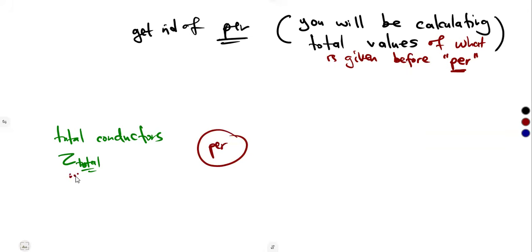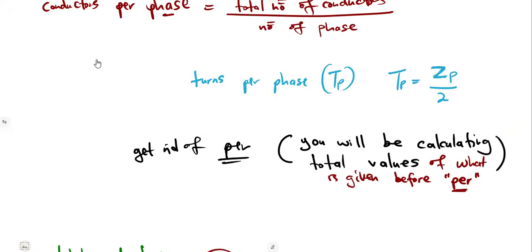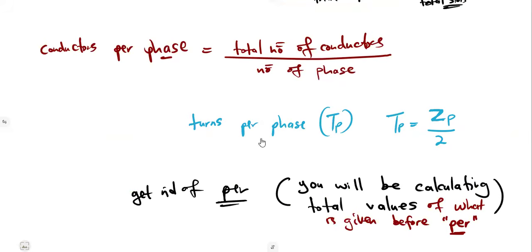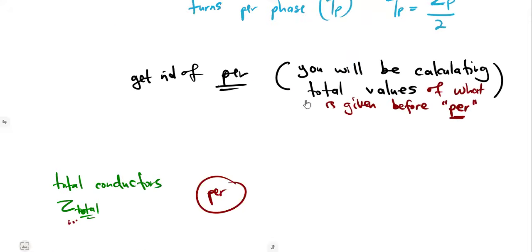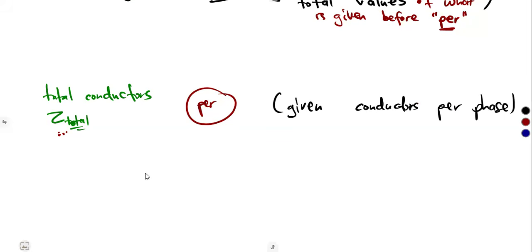Check for a statement. So if I have a statement like this one, let's say we are given conductors per phase. This is what you're given. And the question needs you to calculate the total number of conductors.